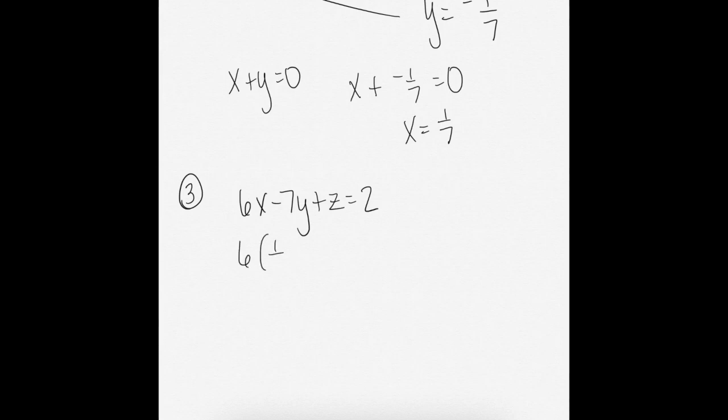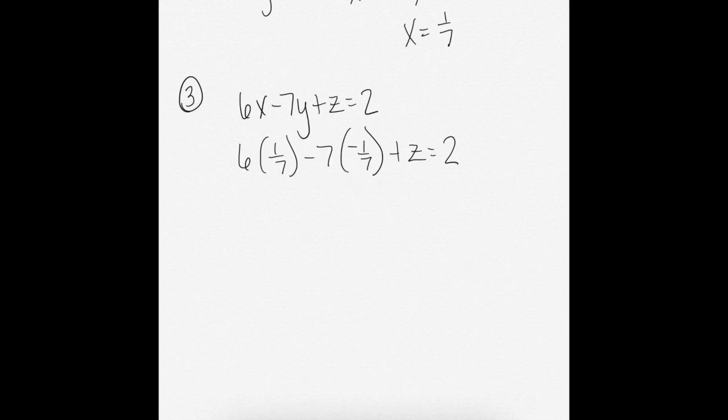If I plug these two numbers in, I'm going to say 6 times 1/7 minus 7 times negative 1/7 plus z equals 2. So this one gives me 6/7, and then this will give me plus 1 plus z equals 2.